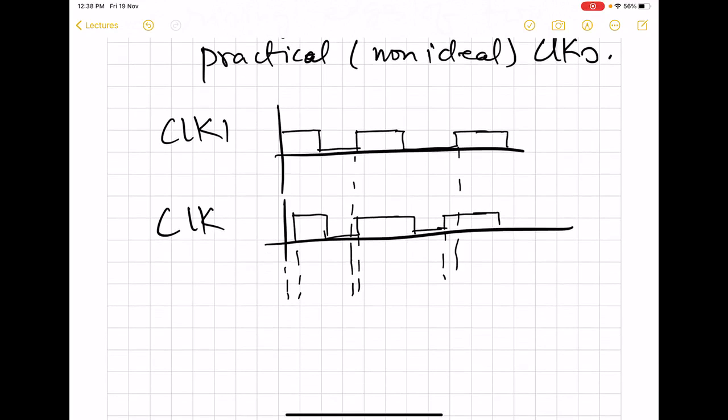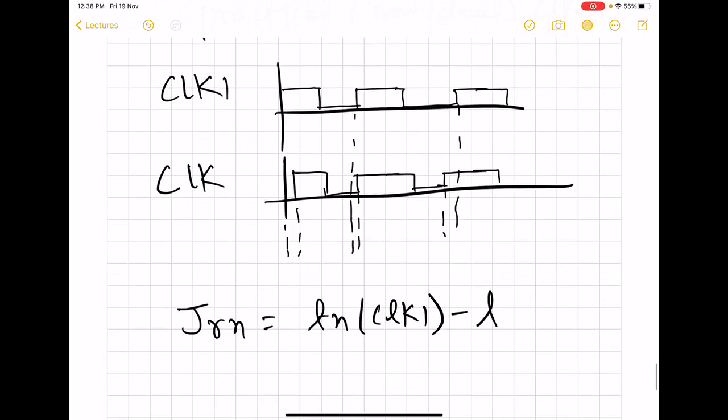So this relative jitter is calculated as follows: find the rising edge of the nth cycle of clock 1, and then from it subtract the rising edge location of clock 2.